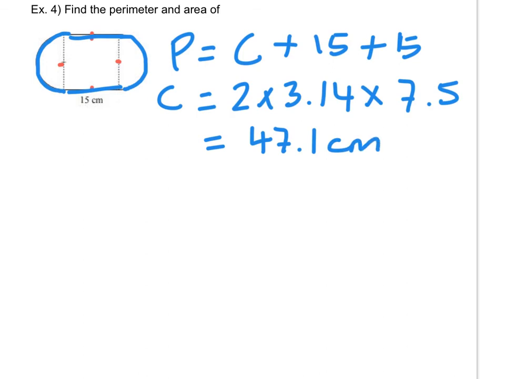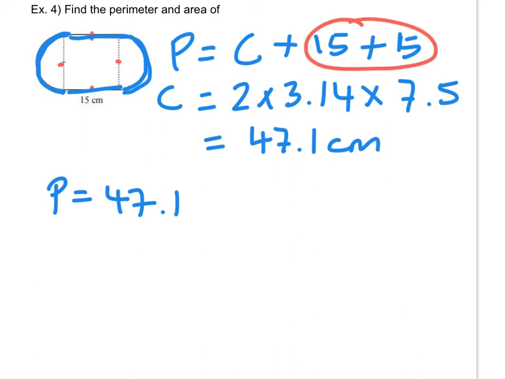That's C. The reason why is that this is half the circumference of a circle, and this is half the circumference of a circle. Add them together, we get the full circumference. So the perimeter is equal to 47.1 plus 15 plus 15, which is equal to 77.1 centimeters.